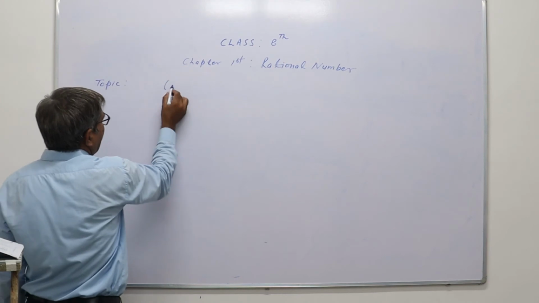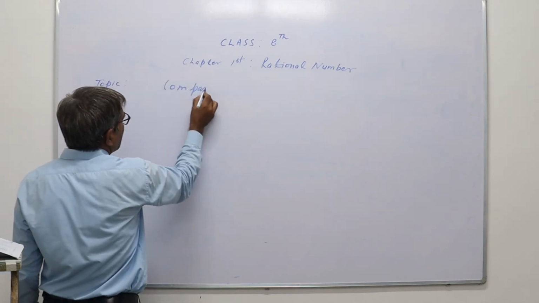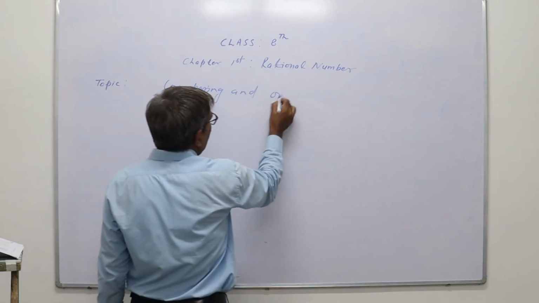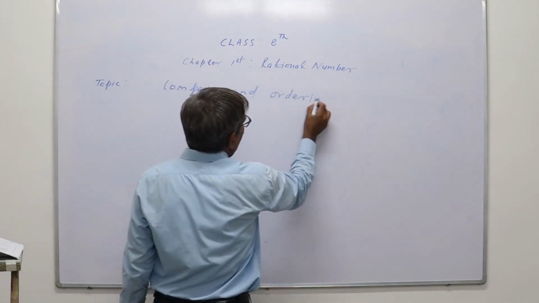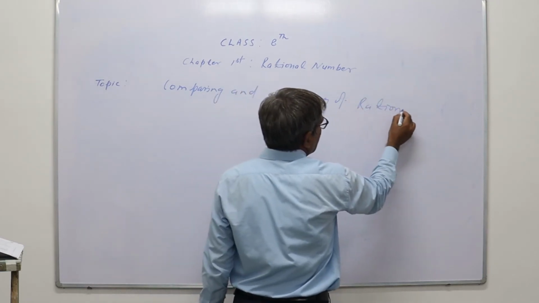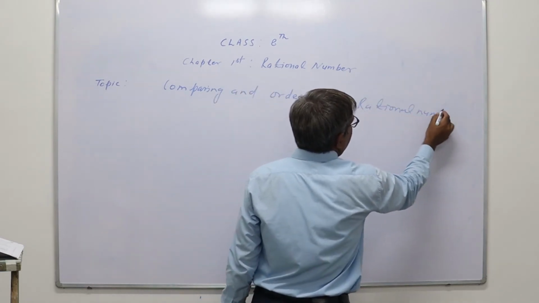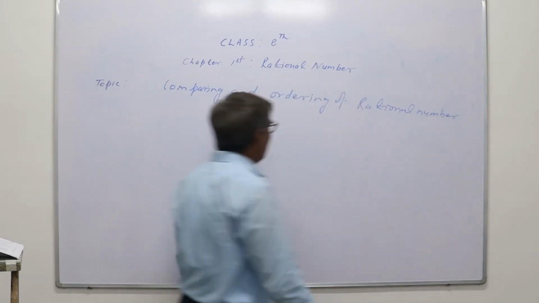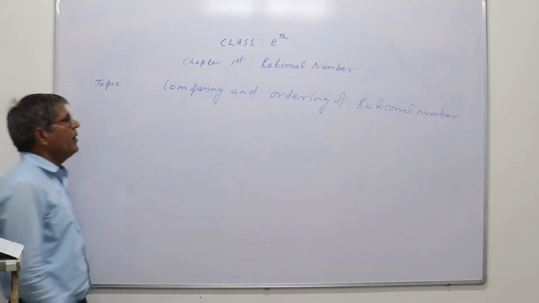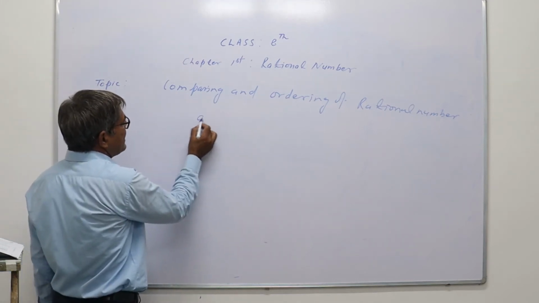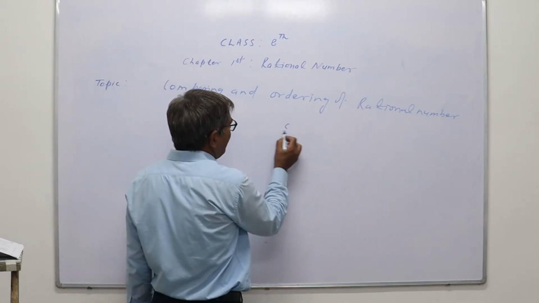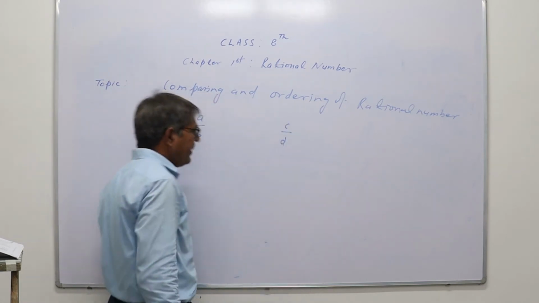Next topic, comparing and ordering of rational numbers. Comparing and ordering of rational numbers means if we are given two rational numbers, let us suppose one rational number is a upon b and another rational number is c upon d.